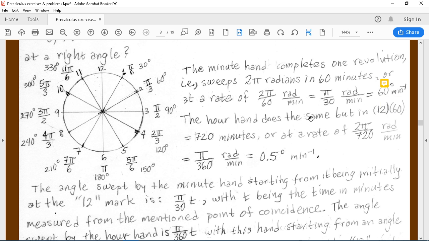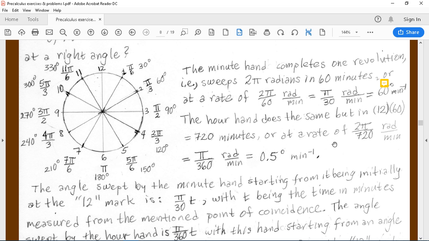The hour hand completes one revolution, an angle of 360 degrees or 2 pi radians, in 12 hours times 60 minutes, which is equal to 720 minutes.